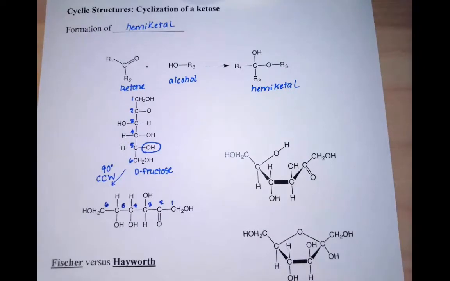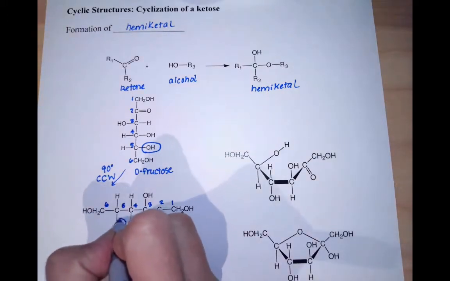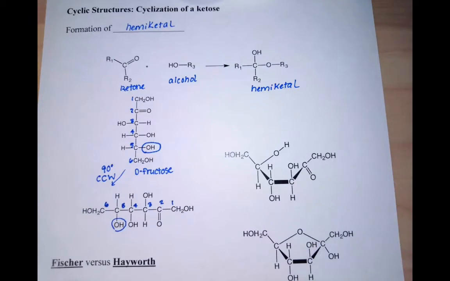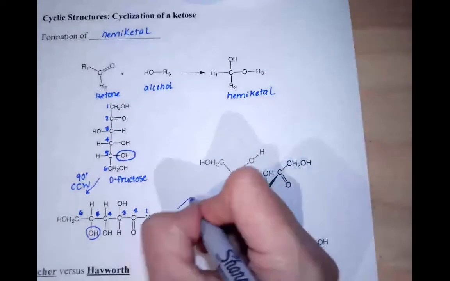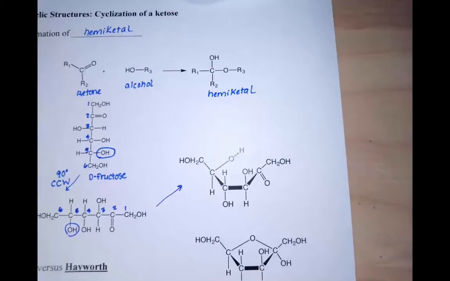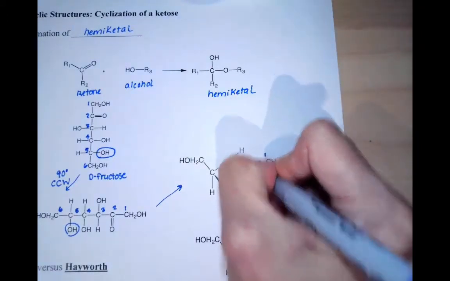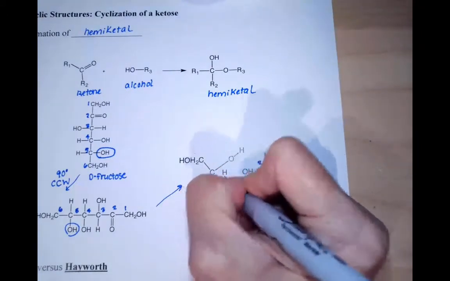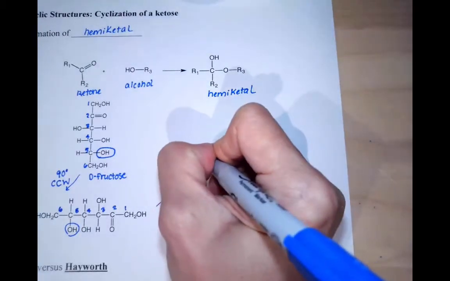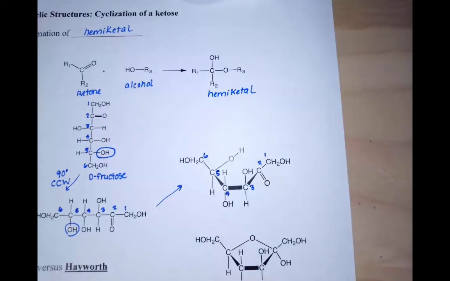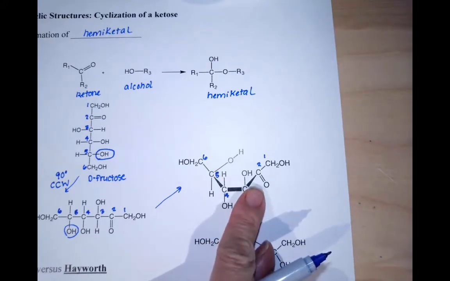And let's imagine that this molecule is going to bend around so that the hydroxyl group that's attached to the last chiral carbon is close in proximity to the ketone group. So it's going to look something like this. So here's carbon number 1, 2, 3, 4, 5, and 6. And that hydroxyl group is going to attack that carbonyl carbon.